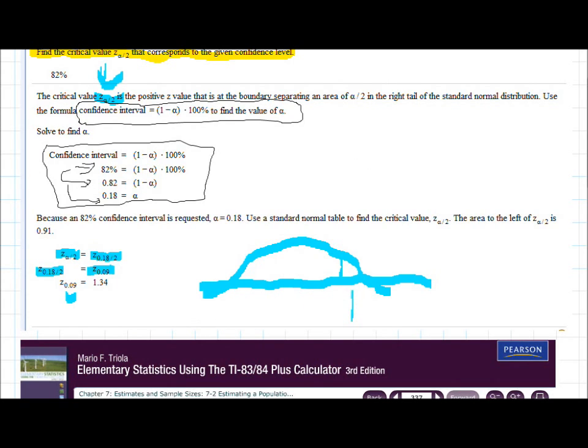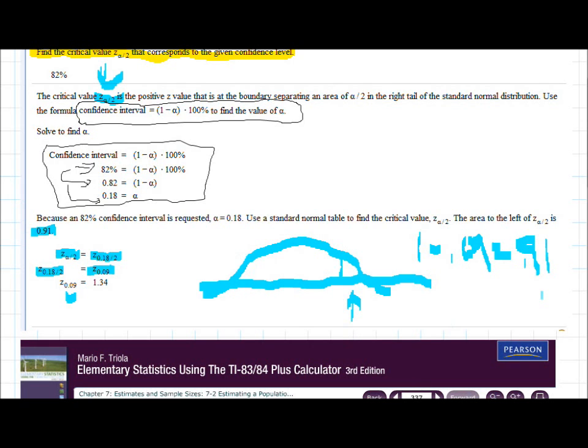We need to actually figure out what is to the left of this arrow, and that would be 1 minus 0.09, which is equal to 0.91. And it's brutal writing this way. And that's what they're saying right here. So that's actually what we're looking for when we go to that table.